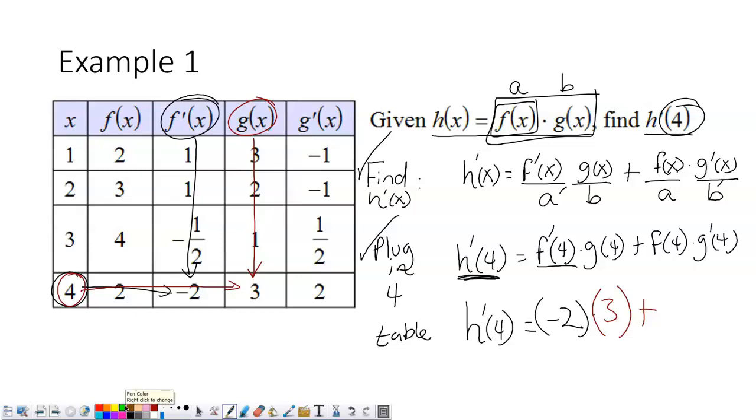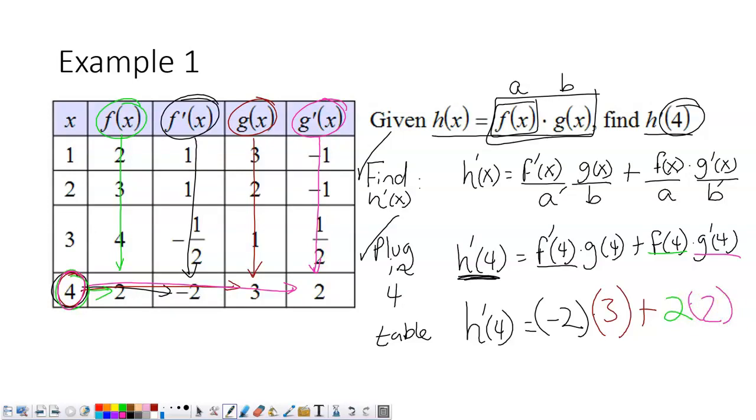Next one, f of 4. Here's my f column. Here's 4. Answer is 2. And then finally, g prime of 4. Here's my g prime. Here's my 4. It's 2.